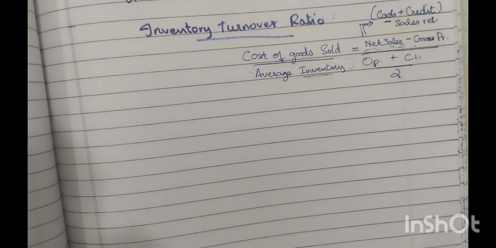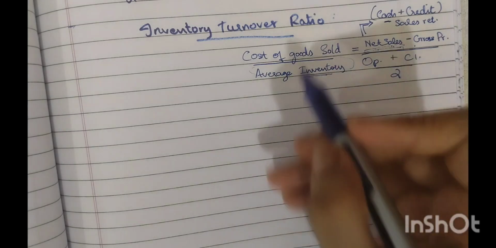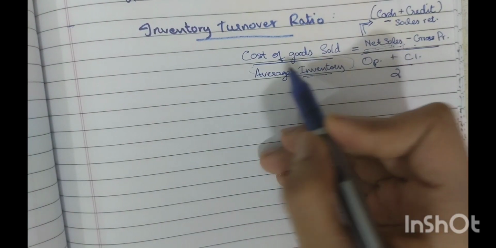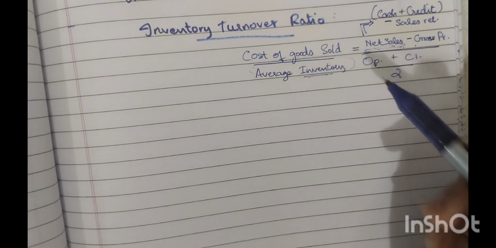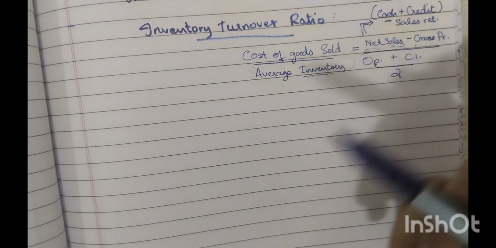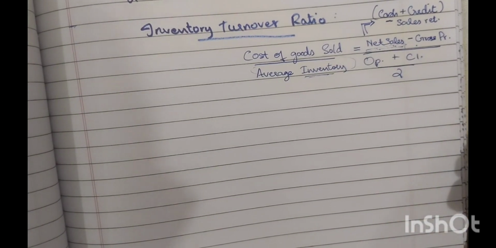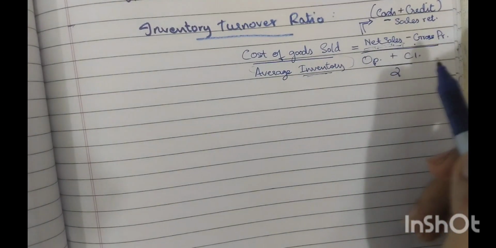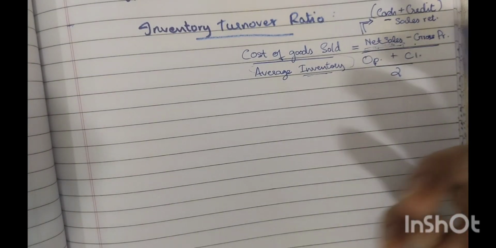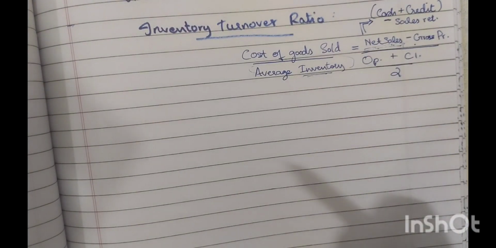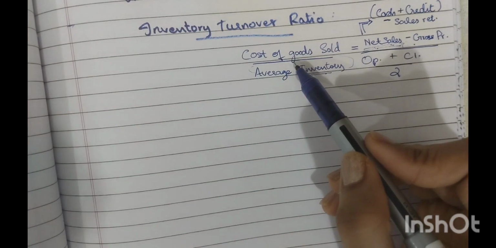Now remember how in earlier classes we've learned that our CP, or cost price, which is essentially the cost of goods sold, is equal to our selling price minus profit, or is equal to our selling price plus loss. So this is essentially the same thing. Our CGS is equal to our net sales, the total sales value, minus the total profit, the gross profit that we got. That is CGS.